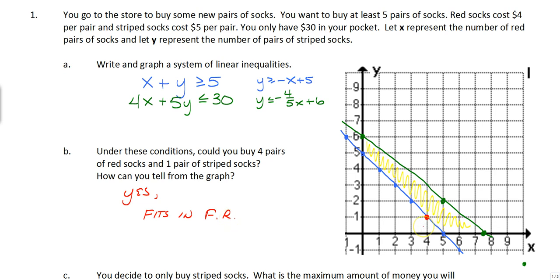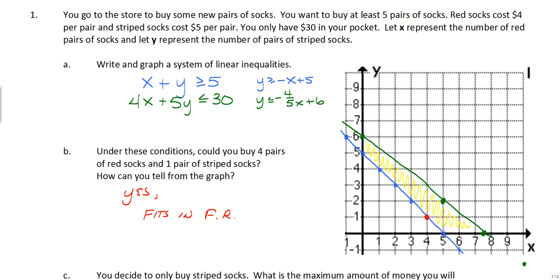We are allowed to be on a solid line because we want to buy at least 5 pair of socks. It looks like we have enough money to buy 5 pair of red socks and 1 pair of striped socks. We have enough to do 4 red and 2 striped. Anything in this region is fair game.